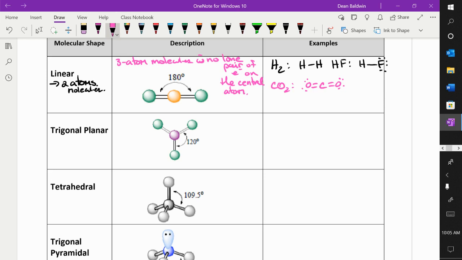So this is when you have a central atom with no lone pair and three atoms around. So BF3, boron.